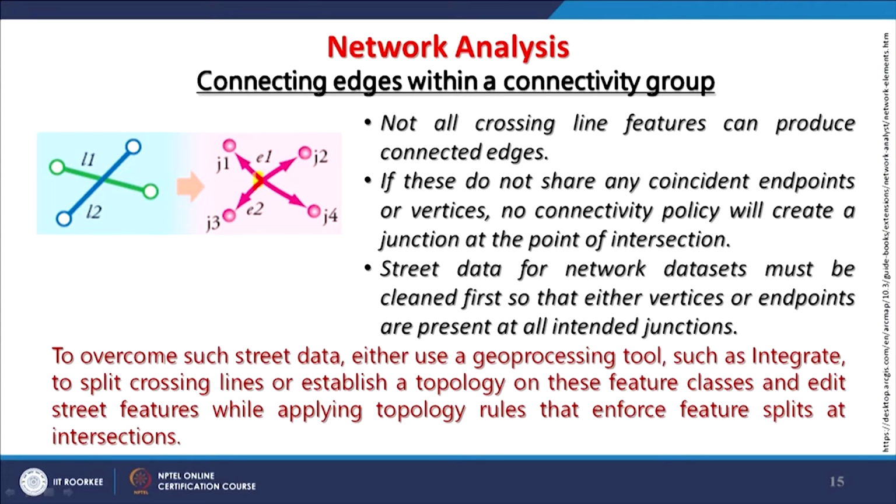Now, these things cannot be done automatically for, say, a road network or power network or a rail network. That means human intervention would be required to declare which is the intersection, which is the junction, which is the edge, and so on and so forth.